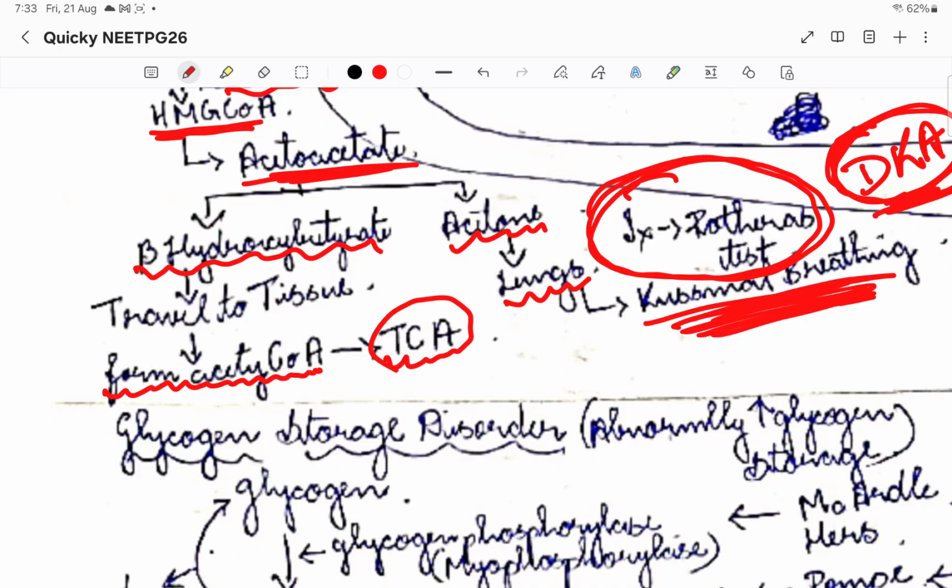It had already been stored, but in the liver it is not there. From the liver only we need energy, right? But from the liver it is not there, so it will have to travel to other tissues where the energy can be formed. So this is the travel form. Beta hydroxybutyrate is the travel form, where the acetoacetate will be converted and goes back to the TCA cycle, and finally after the TCA cycle 32 ATPs will be there.